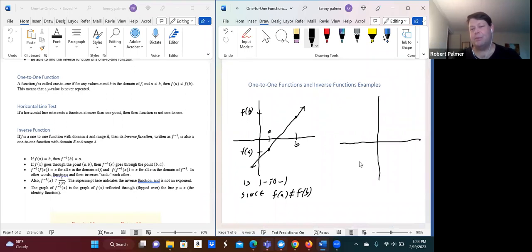Now, let's look at another graph. How about this time, maybe a parabola. Let's say this is A, this is our f of A, and let's say this is B. If you notice now, we have the same y value: this equals f of B. So the first one's f of A, and then it's f of B. The point is they both share the same y coordinate, both of these two different points.